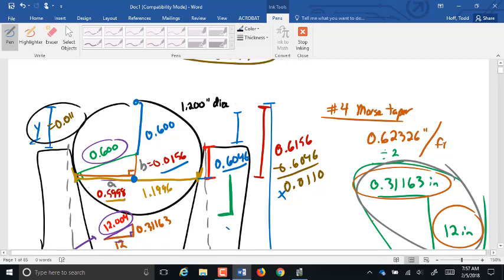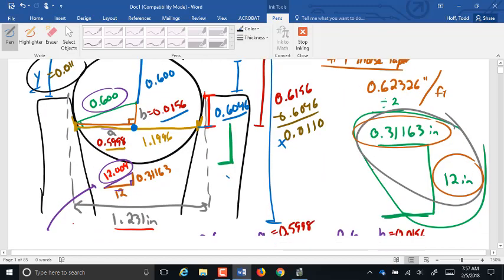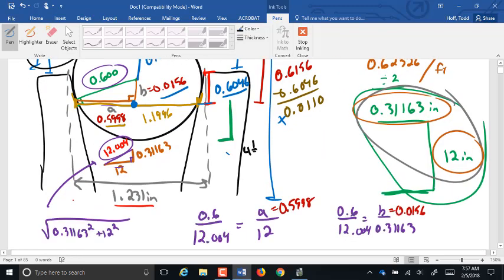Now that's why. To find x, which is that total height, we were given that this was 4 1/8 inch here, which is 4.125, plus the 0.011 is 4.136 inches. That's the total height.